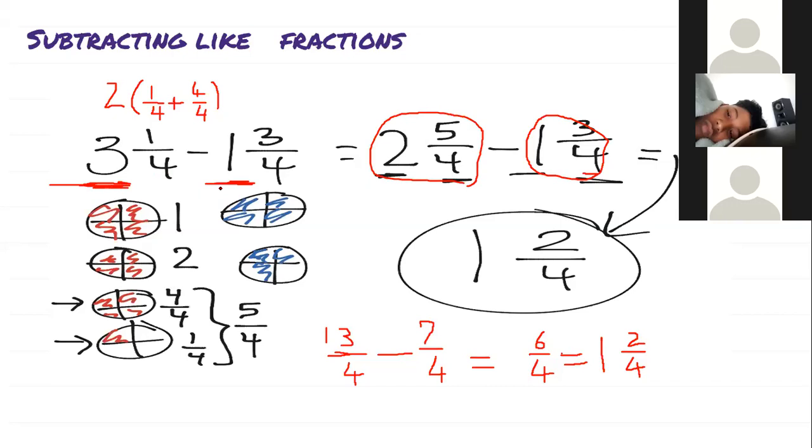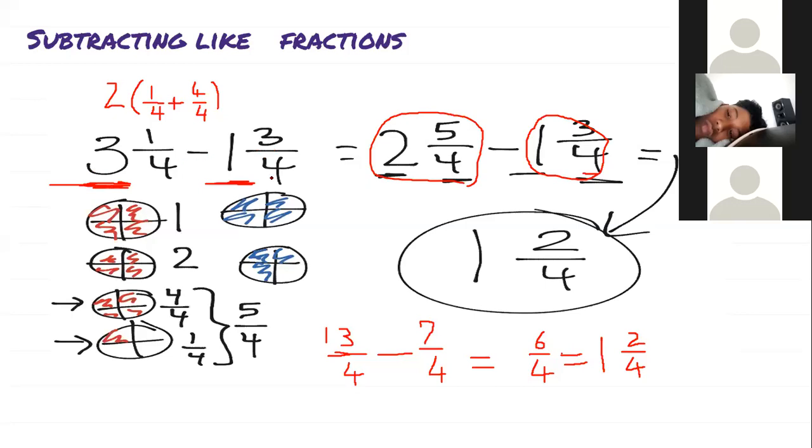Since I see that 3 is more than 1, it's very easy for me to just say 3 minus 1. But when I do that, remember that I'll need to subtract the fraction here from this fraction. But this one is less than this one. Why? Because this is a quarter and this is 3 over 4, right?